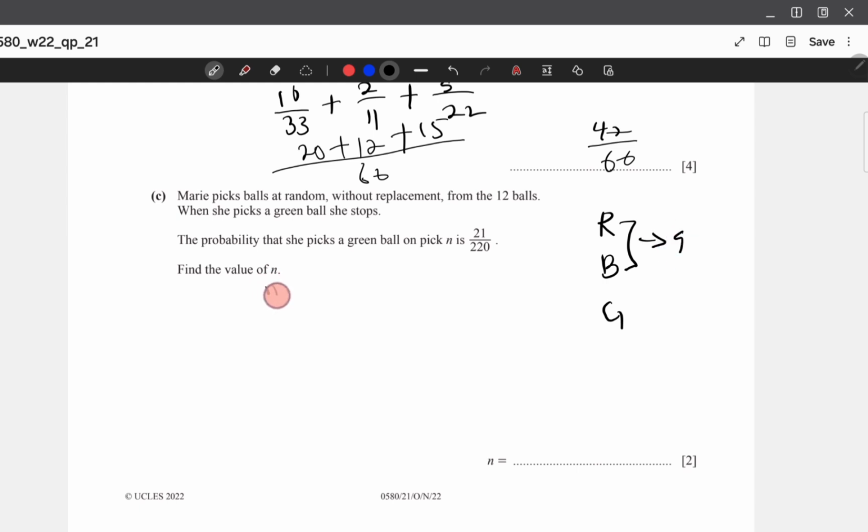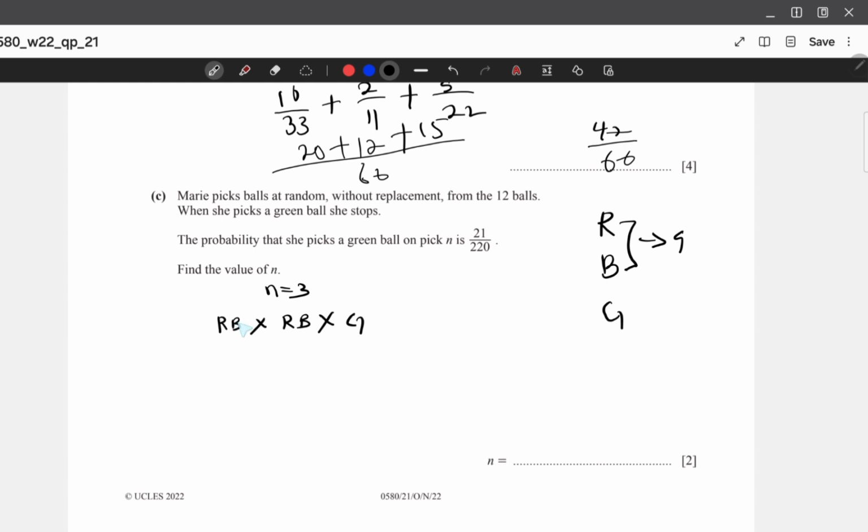So let's say if the number of picks is 3, it will be red or blue first time, another red or blue, which is the second time, and green that she picked, that she now stopped.